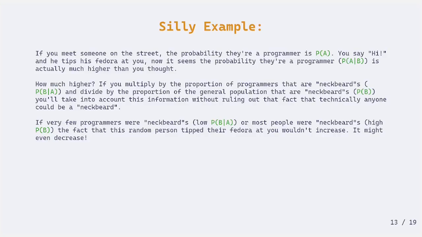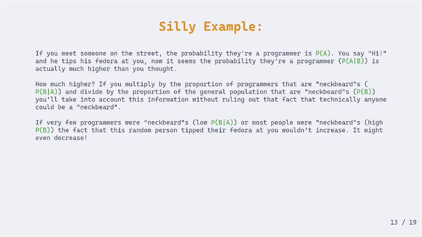Well, if a lot of programmers are neckbeards, as in the probability that someone is a neckbeard, given that they're a programmer, is very high, then this new probability is going to be very high. But if a lot of people are neckbeards anyway, so the probability that someone's a neckbeard is very high, then this is going to have a sort of counter effect.